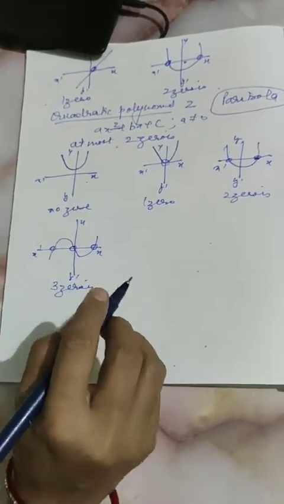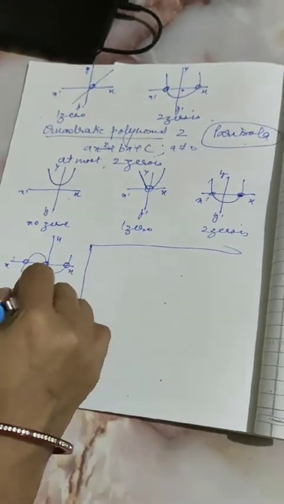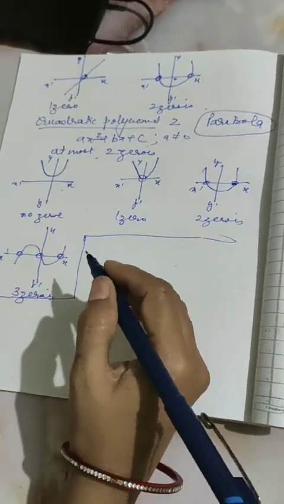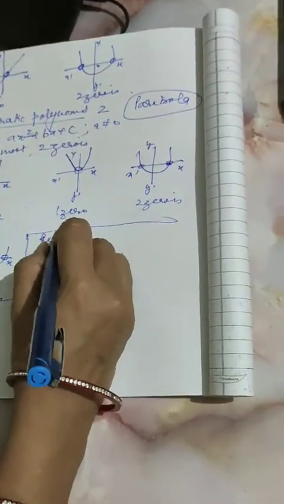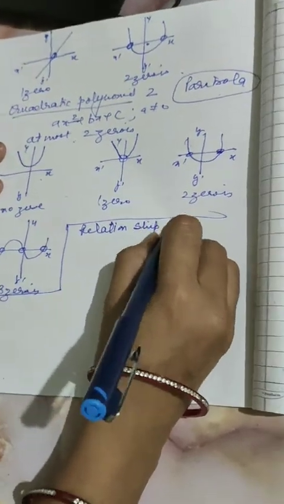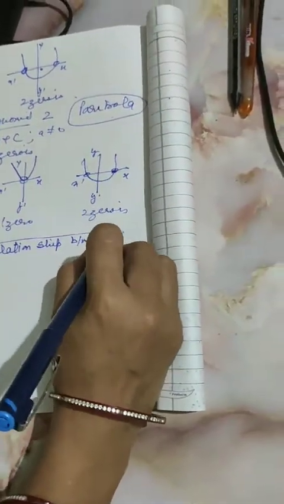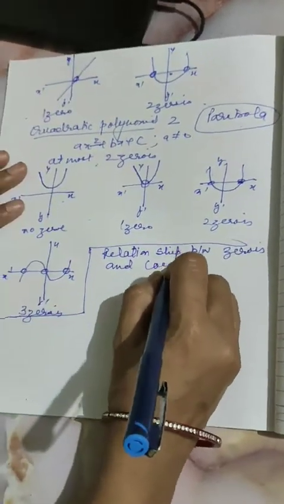Now children, the next is relationship between zeros and coefficients.